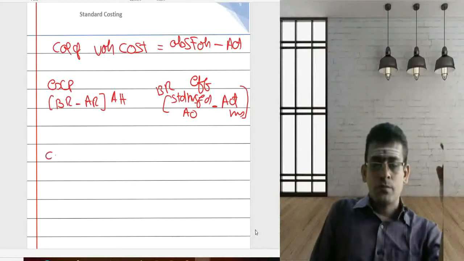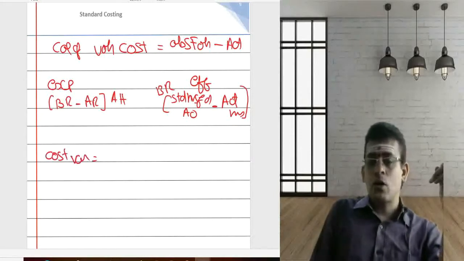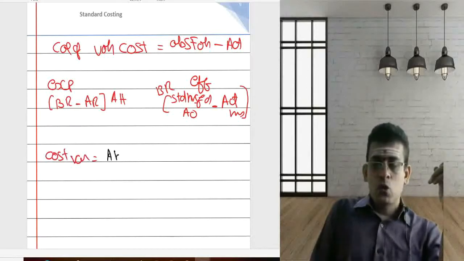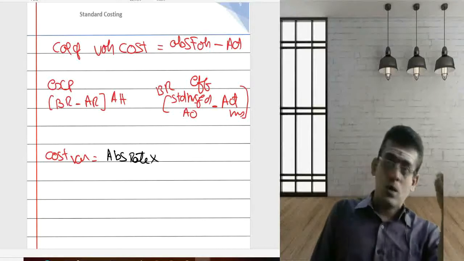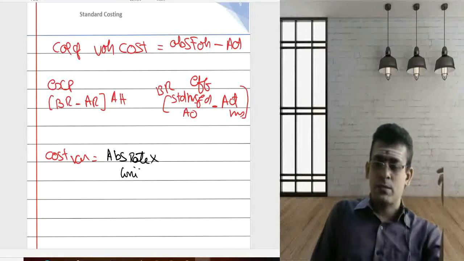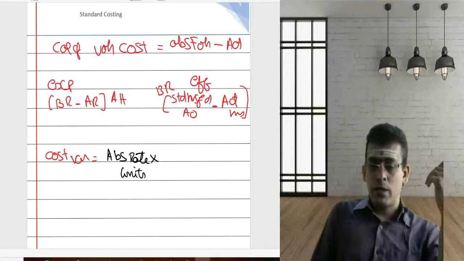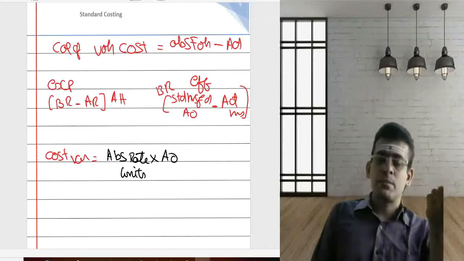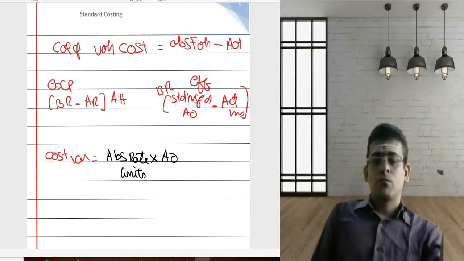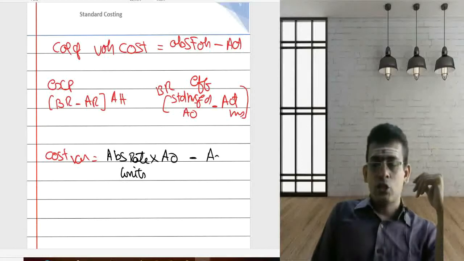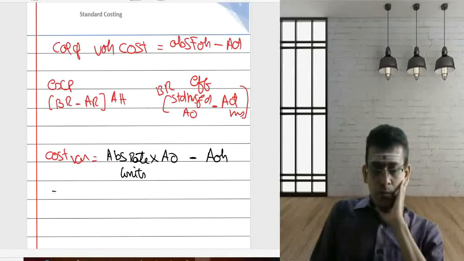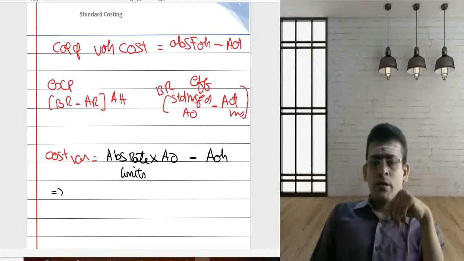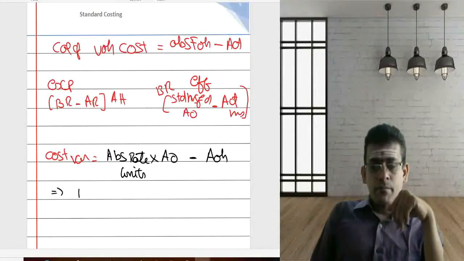Okay, cost. First one is nothing but your cost variance. So how do you calculate the cost variance? Absorption overhead rate into, so now let us do this problem based on units. Absorption rate per unit into actual output. So what I will be getting? I will be simply getting my absorbed overheads minus actual overheads. That's it. Now let us find out the rate. How do I find out the rate?